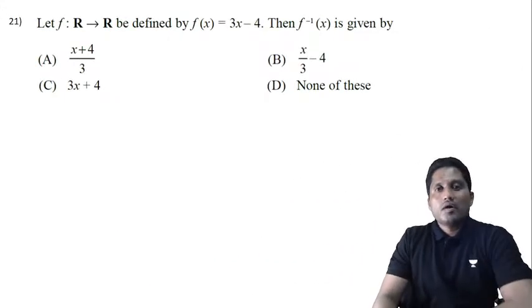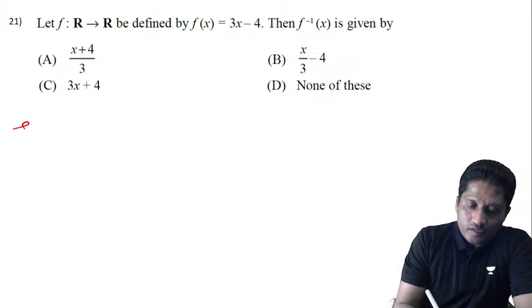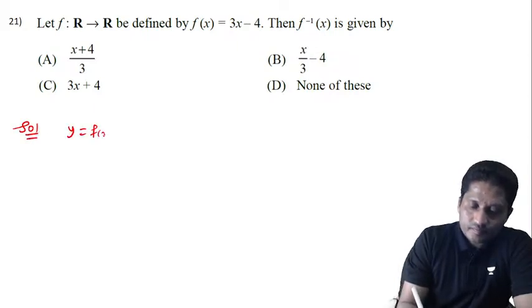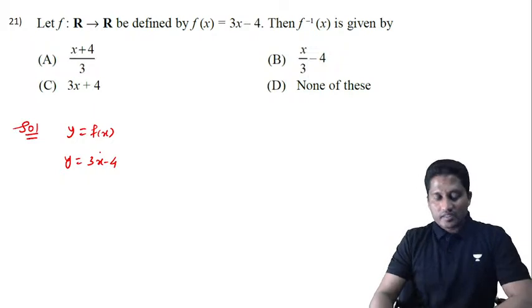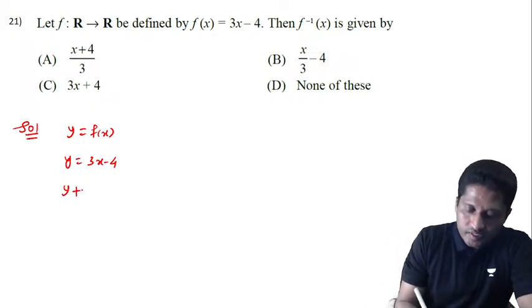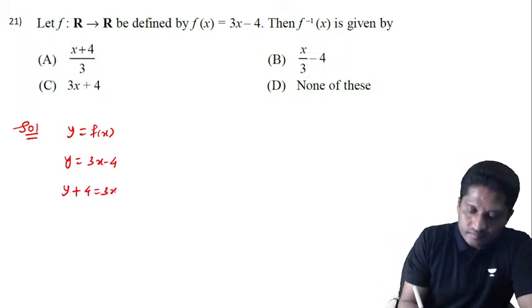Right, question number 21. I'm supposed to find out what is f inverse of x. You take y is equal to f of x, which is 3x minus 4. This is y as a function of x. Simplify and write x as a function of y. Y plus 4 is equal to 3x, and from this you get x is equal to y plus 4 divided by 3.